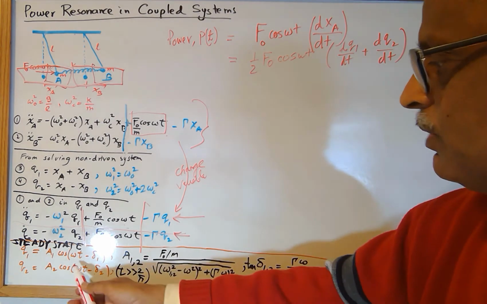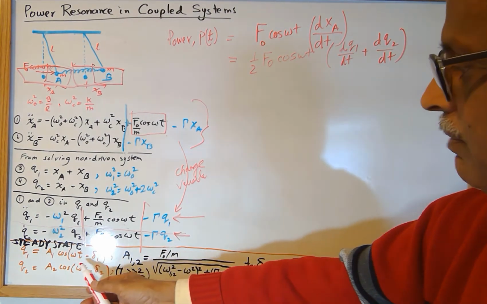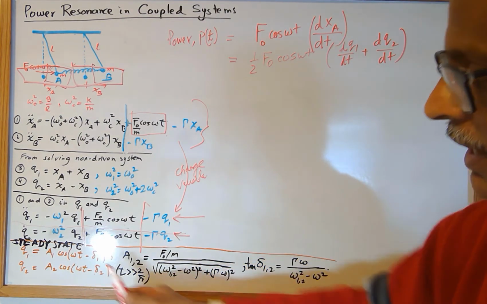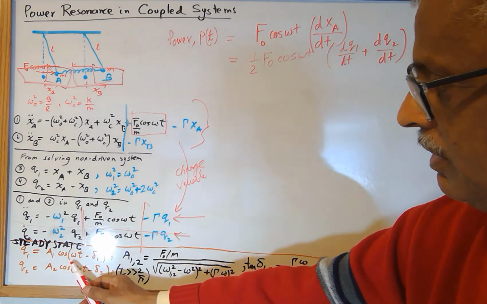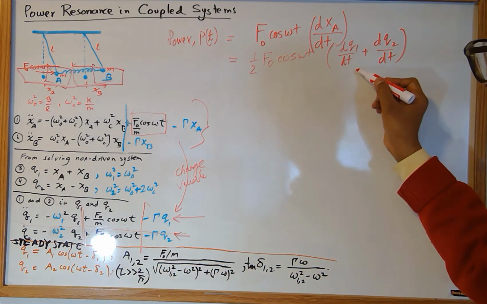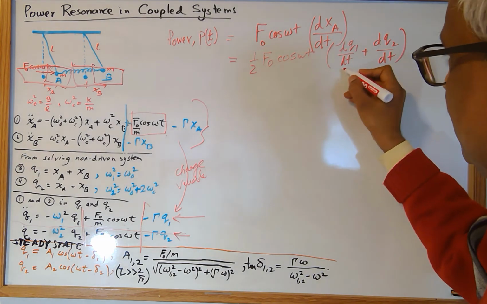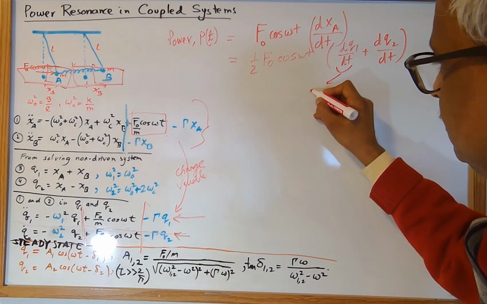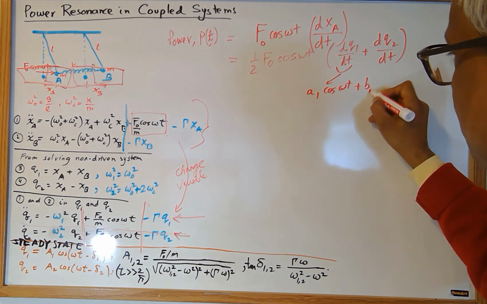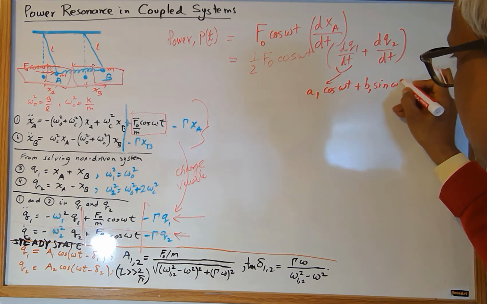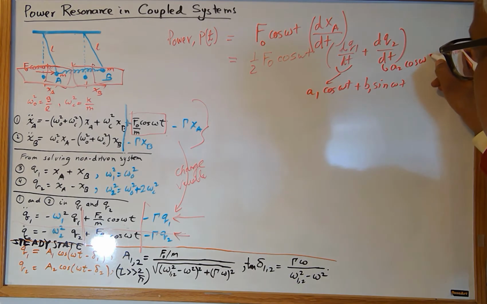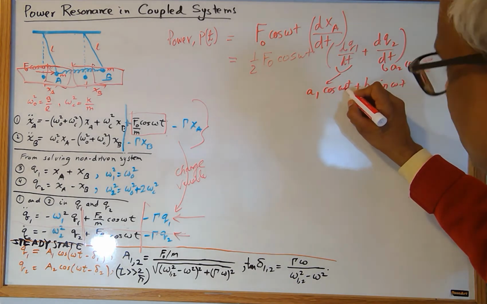So when I go in there, I remember this one, I can do it elastic. This will generate cosine and sine terms. So this will generate some a1 cosine omega t plus b1 sine omega t, and this will similarly generate a2 cosine omega t plus b2 sine omega t.